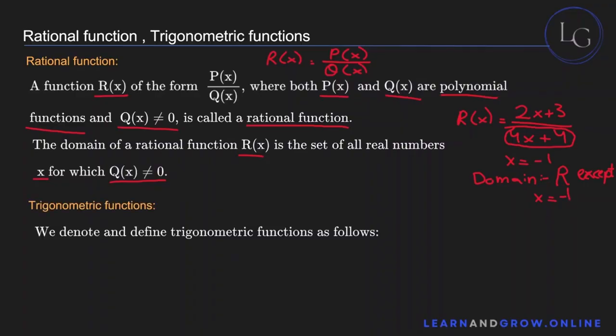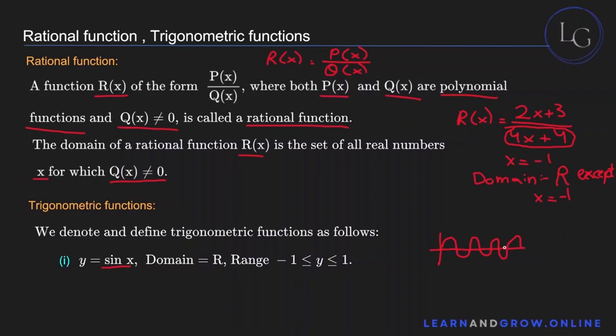So let's see what trigonometric functions are. We denote and define trigonometric functions as follows. One is the function sine of x, and the graph for sine of x, once you plug in different values of x, is something like this, right? Again, graphical representations make things very easy.